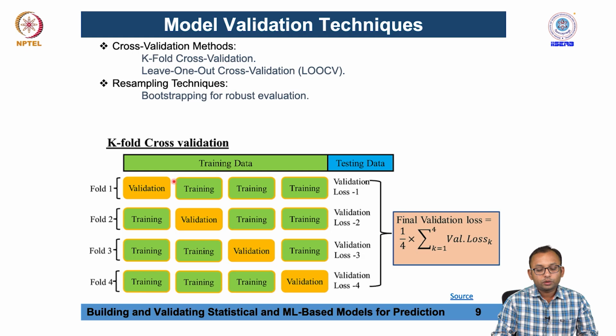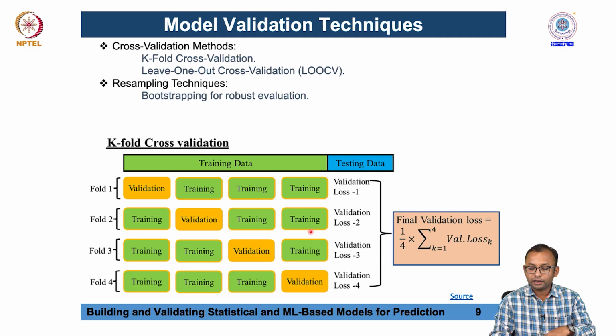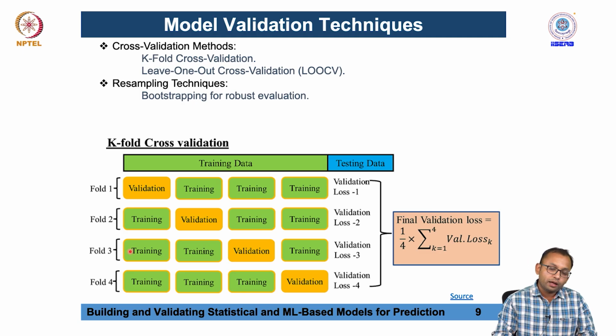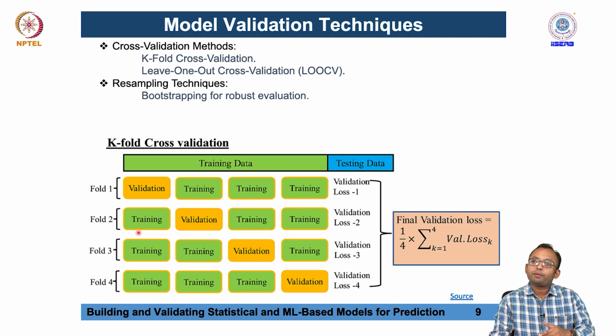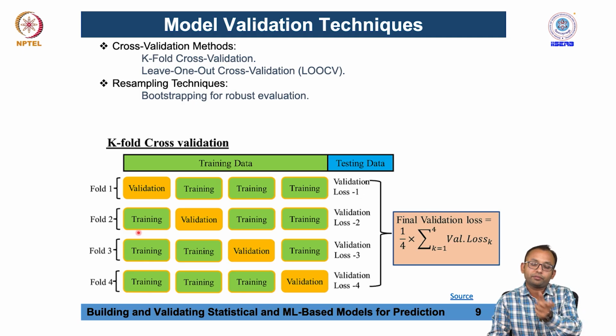different parts. Then we select one particular part as validation, and the rest we use as the training data set, and then we repeat this step a number of times. For example, here we are repeating that step for 4-fold. We can do that analysis for n-fold also. When we repeat that analysis, we have a better chance to validate our model on different parts of the data set.